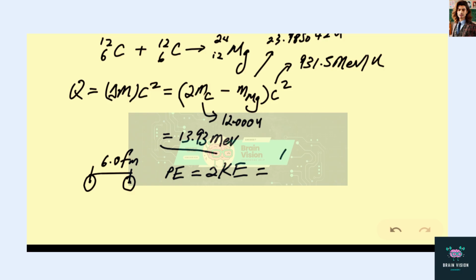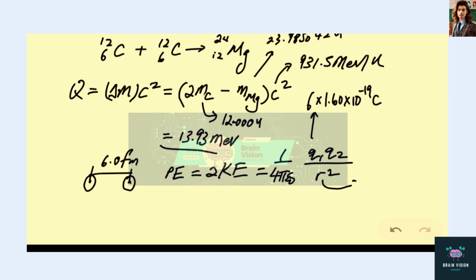So the potential energy is given as 1 over 4 pi epsilon naught times Q1 Q2 over R, where R is the distance, and Q1 and Q2 are the charges of the two particles. In our case, Q1 and Q2 are both 6 times 1.6 times 10 to the power of minus 19 coulombs, since they are carbon atoms with 6 protons, so their charge is 6 times the elementary charge.